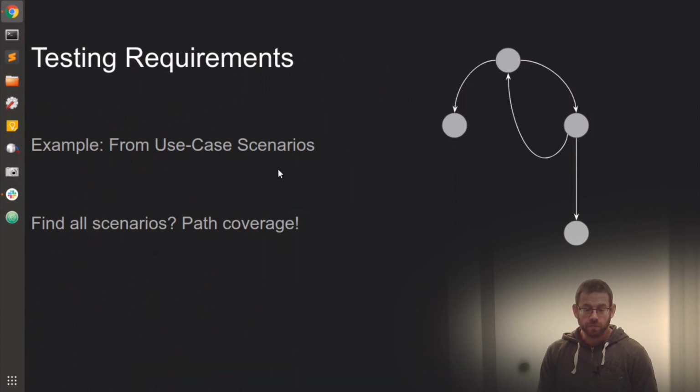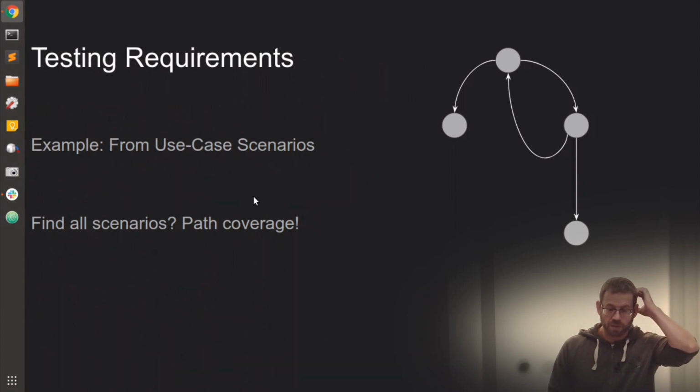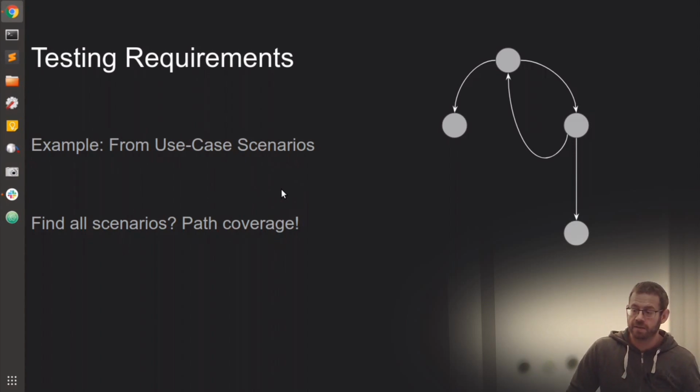So when we want to create test cases, we use the requirement documents. And probably it's a good idea to write down the use case as a graph with different steps. So for instance, here we have a graph with a couple of steps.